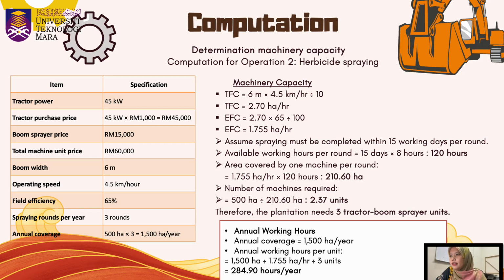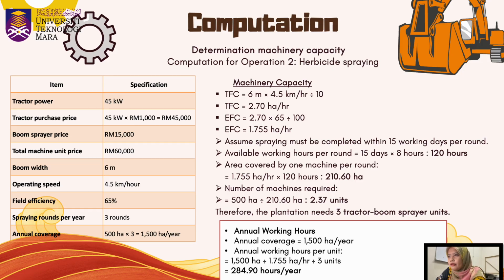Because of the wider implement width, even at a lower operating speed of 4.5 km per hour and a conservative field efficiency of 65%, the system achieved a much higher effective field capacity of 1.755 hectare per hour.